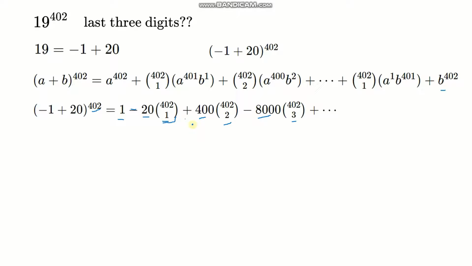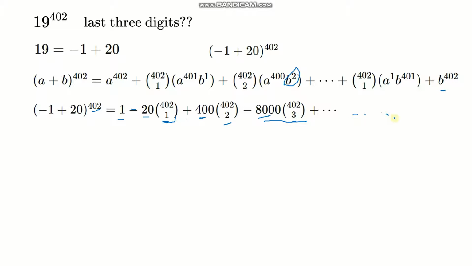This term 400 came from 20 raised to the power of 2, and a to the 400 is the same as plus 1. So as you notice, we have alternating plus and minus signs. For the last term, negative 8000 times 402 taken 3, we just repeat the process until we reach 20 raised to the power of 402.